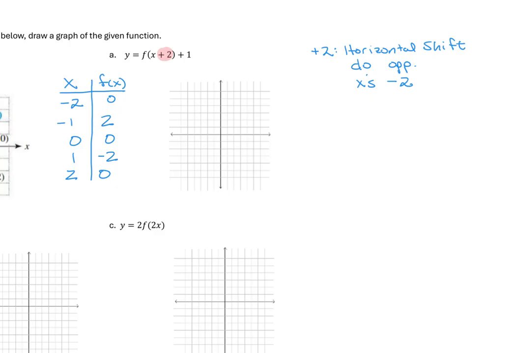On the outside, we have a +1. And so our +1, this is going to be a vertical shift. We do what it says. And so we are going to do our y's +1. This up here was left 2. And our y's, we are going to go up 1.